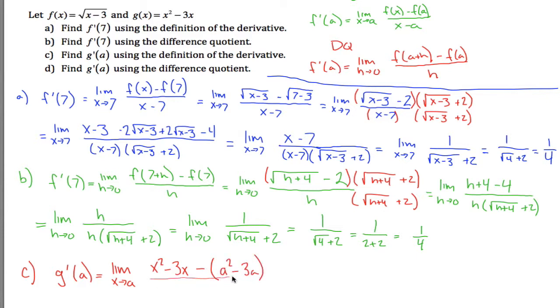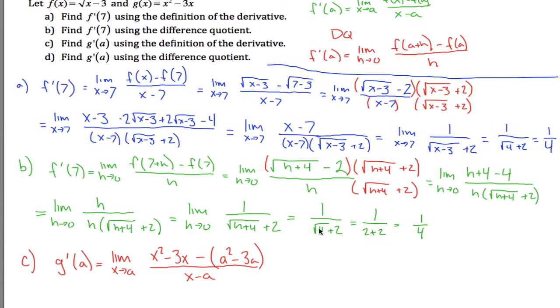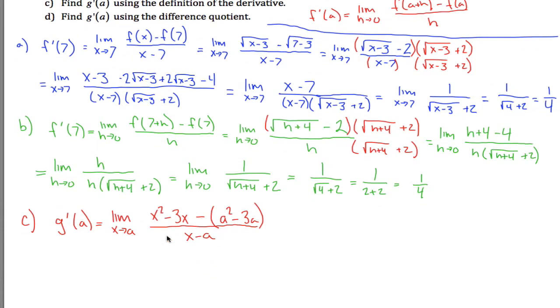And that whole thing gets divided by x minus a. What we're trying to do when we evaluate this limit is change all the x's into a's. If you do that right now, you get 0 over 0. So I can't do it immediately. What I have to do is figure out a way algebraically to get an x minus a to pop out of the top somehow, to cancel with this x minus a on the bottom.